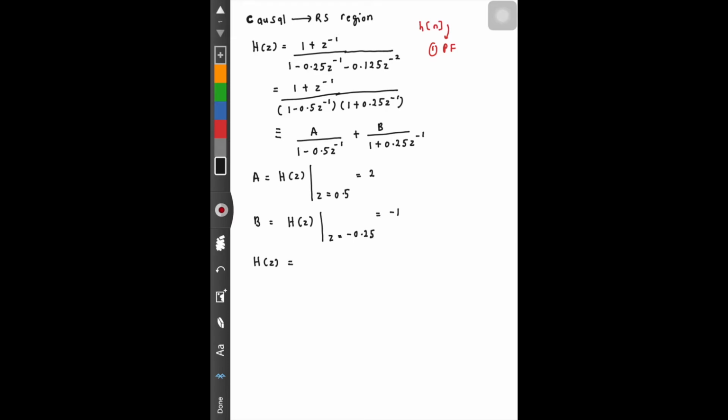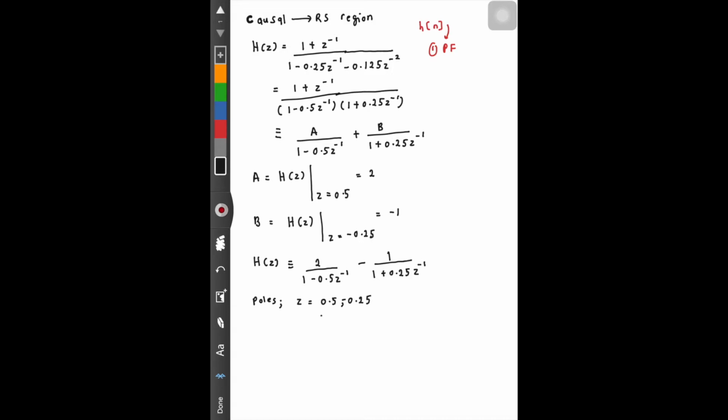So basically your H(z) is equal to this, and from here you know that your pole values are z equal to 0.5 and minus 0.25.